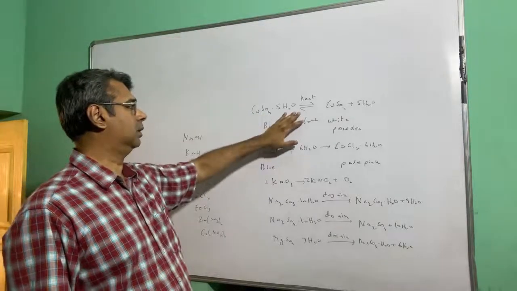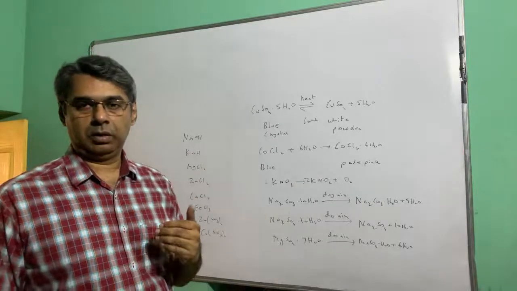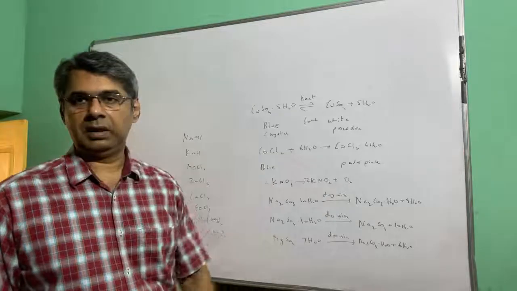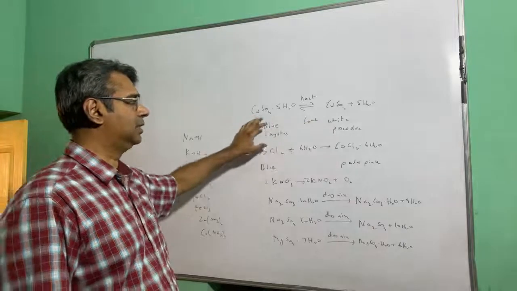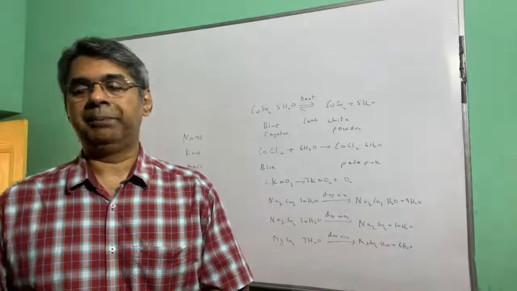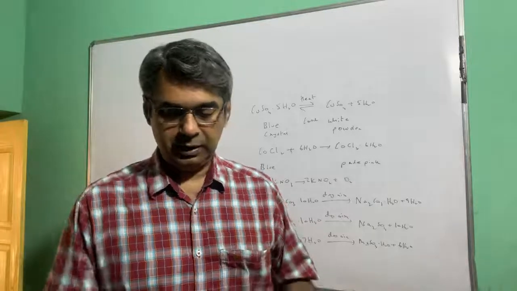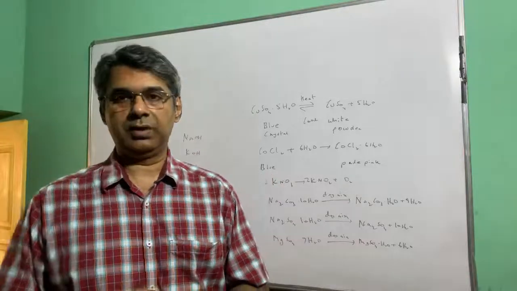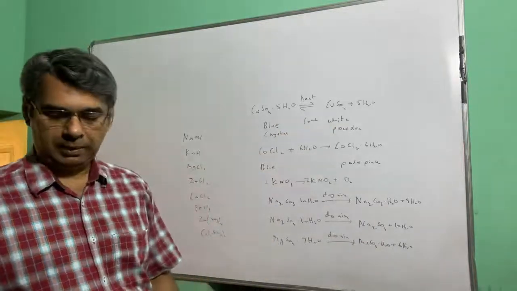After you heat it, the blue color goes away because the inherent water molecules evaporate due to the heating and you get a white powder. So water of crystallization is a very important thing, because in crystalline salts it is the reason why the salt has a color. The blue color is due to water of crystallization, and when you heat it, the blue color goes away and it becomes a white powder, right?